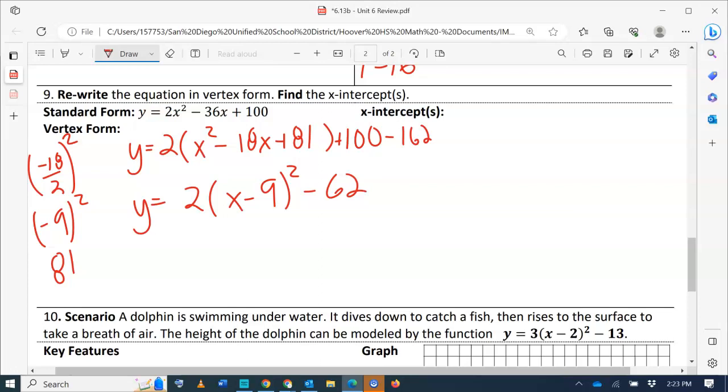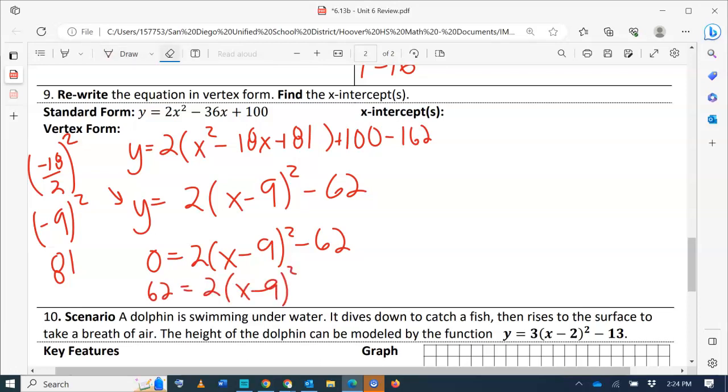Now it says find the x-intercepts. So what we need to do is put in a 0 for our y and solve. Okay, so we're going to add 62 to both sides. That's a little gross. Let's fix that. Then we're going to divide both sides by 2.